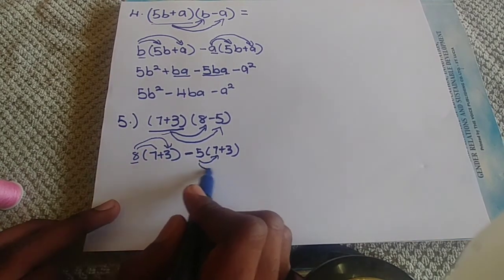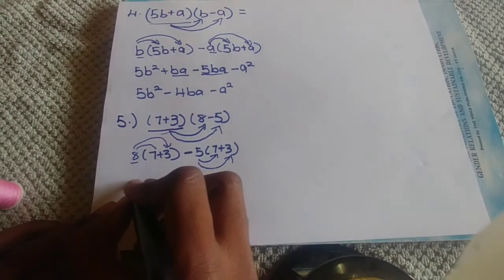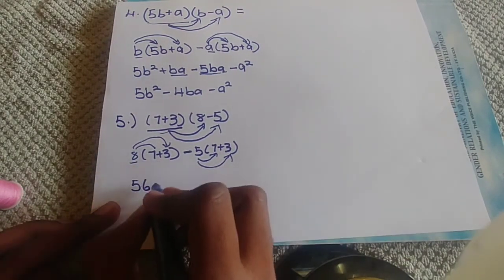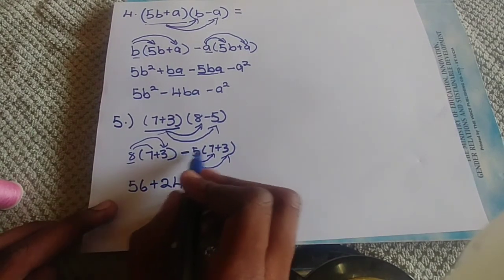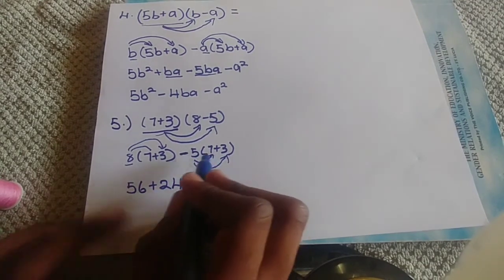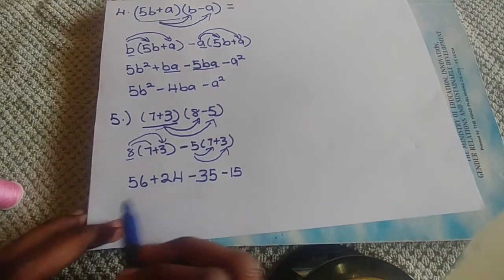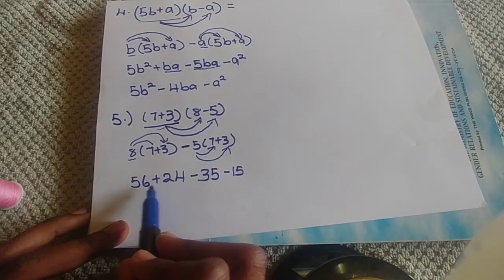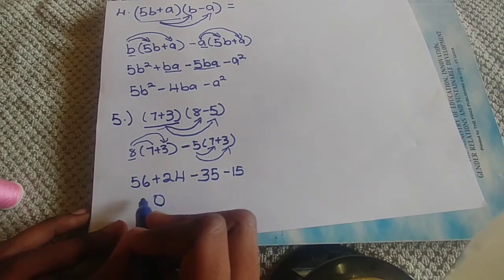Same for there. So that's 8 times 7 is 56. 8 times 3 is 24. And you have minus 5 times 7, minus 35. And minus 5 times 3, minus 15. So when you simplify this, 56 and 24 gives us 80.